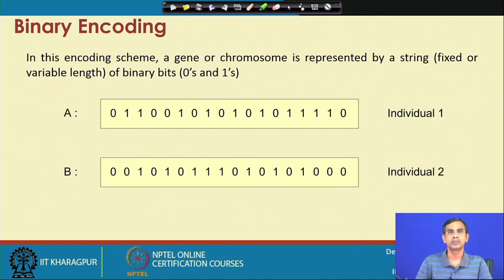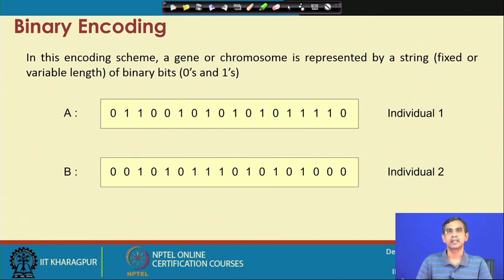As I told you, in this encoding scheme, the collection of genes basically constitutes a chromosome. A gene is represented by a string of zeros and 1s, that is a binary string. Now, if we follow a fixed length of the chromosome, then they are basically SGA or SSGA.